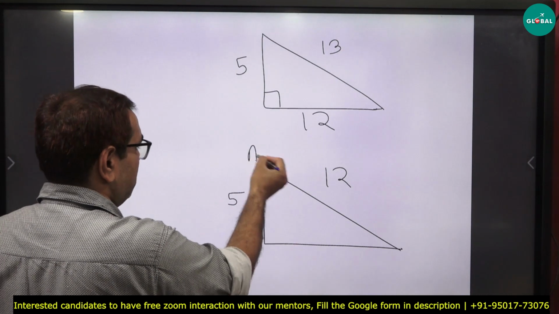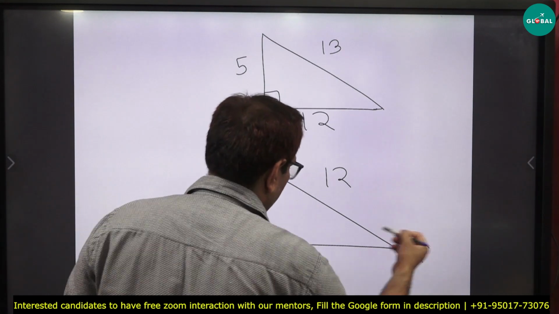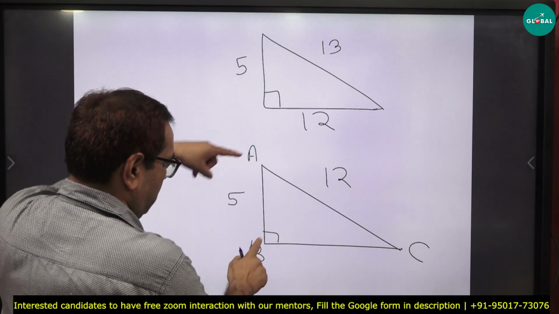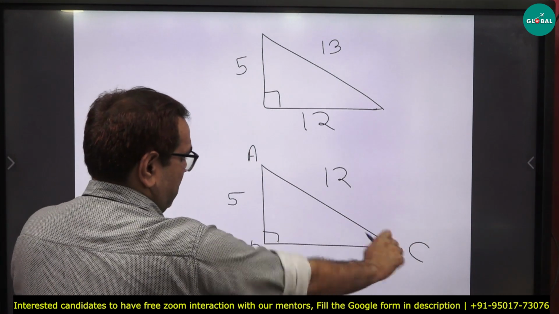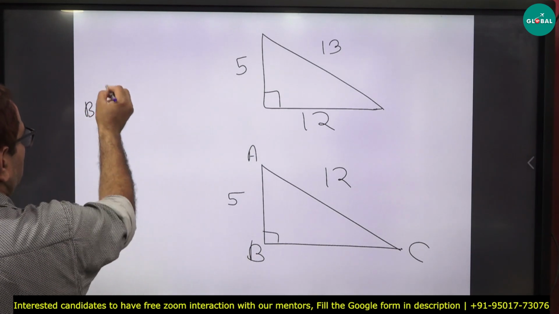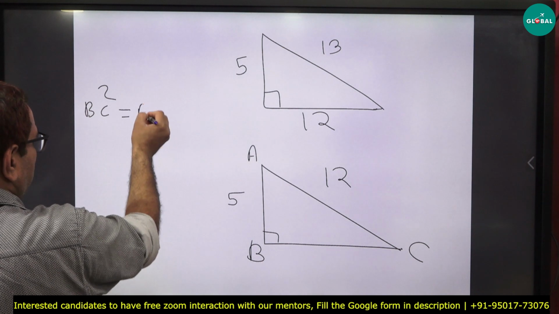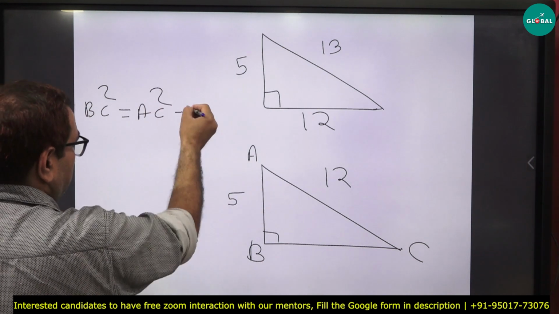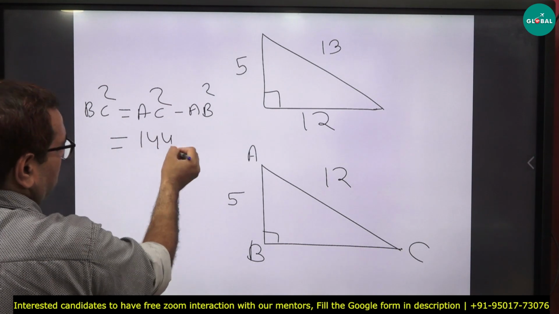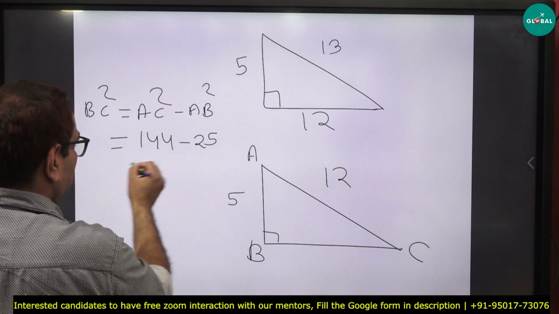Let this be A, B, C. Now we all know the Pythagoras theorem, that in a right angle triangle AB square plus BC square is equal to AC square. It means BC square is equal to hypotenuse AC square minus AB square, equal to 144 minus 25.